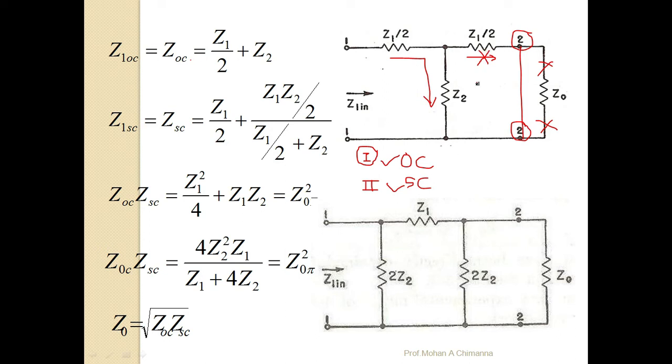So if we multiply the open circuited and short circuited terms, that is ZOC into ZSC, we get Z1 square upon 4 plus Z1 Z2, and this equation is basically the output impedance squared, Z0 square.